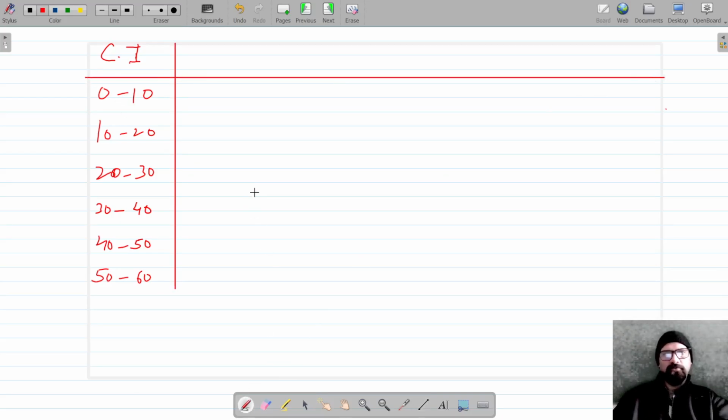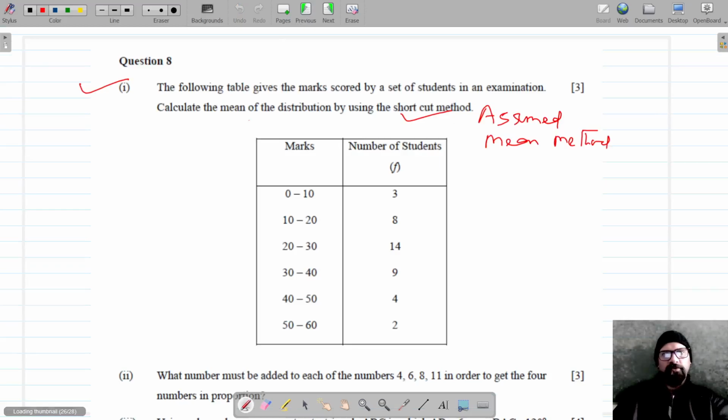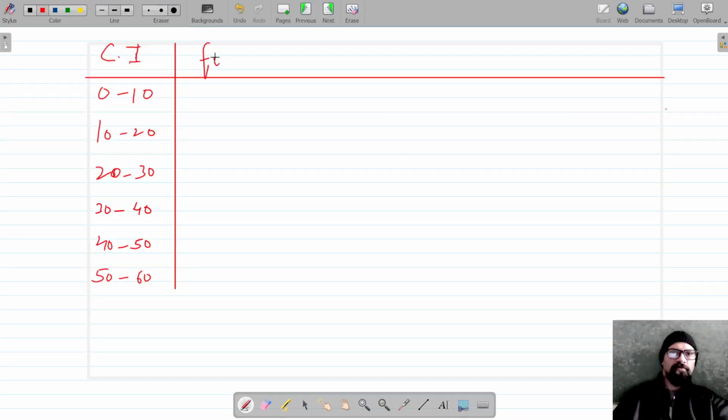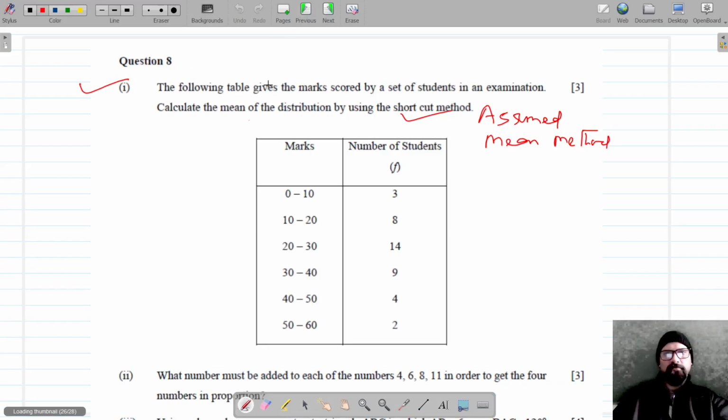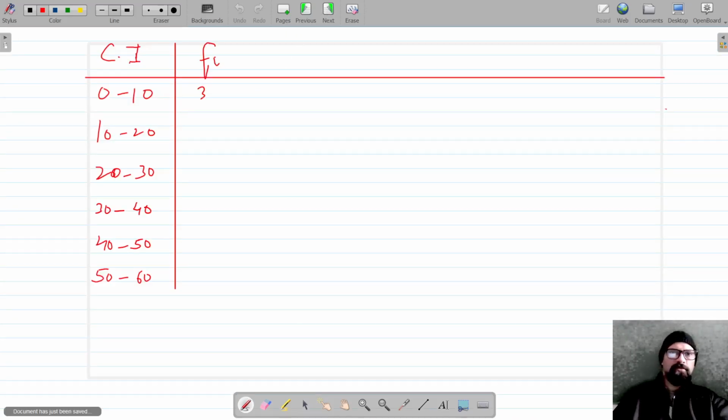Okay, our next column will be the frequency, that is Fi, for the students, which are given as 3, 8, 14, 9, 4. So 3, 8, 14, 9, 4, and 2. Okay, this is our second column, Fi.